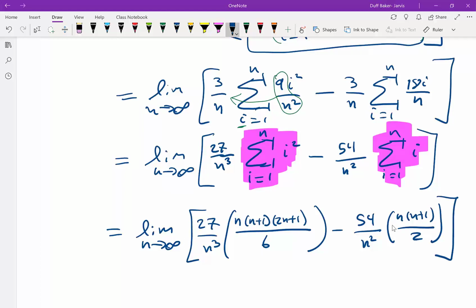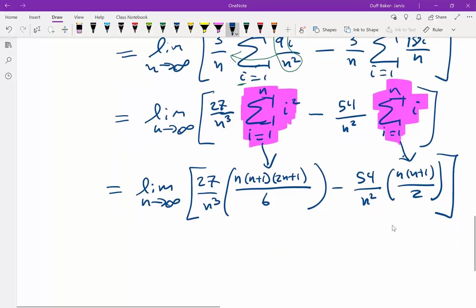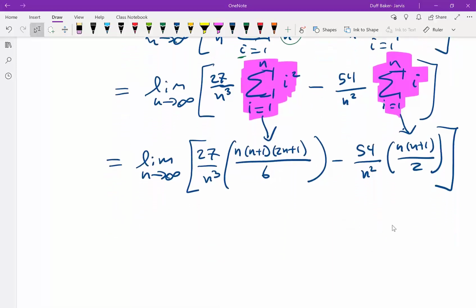So these were the summation formulas we learned, right? This got replaced with this, and this got replaced with this. And now these are just numbers that depend on n. So let's think about this. Let's do a little bit more simplification.